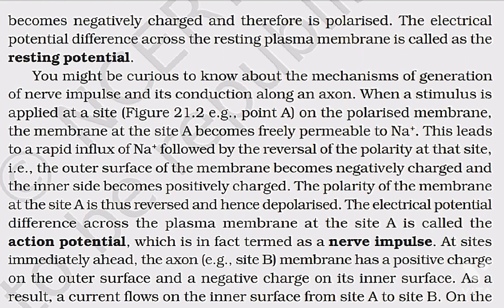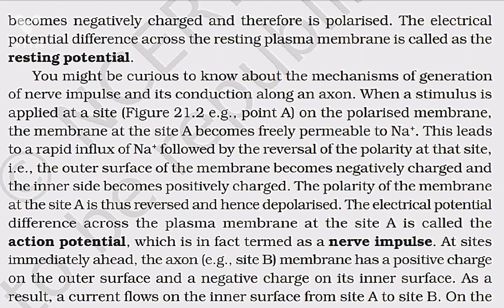The electrical potential difference across the plasma membrane at the site A is called the action potential, which is in fact termed a nerve impulse. At sites immediately ahead on the axon, for example site B, the membrane has a positive charge on the outer surface and a negative charge on its inner surface.